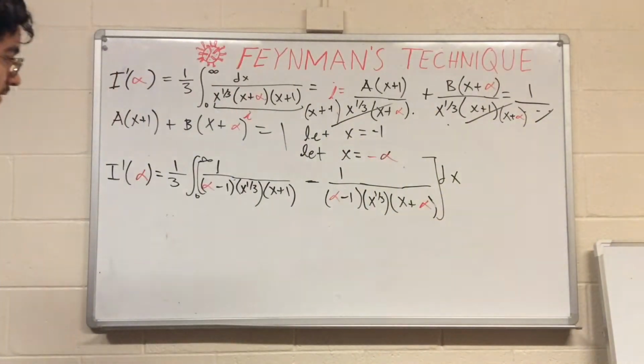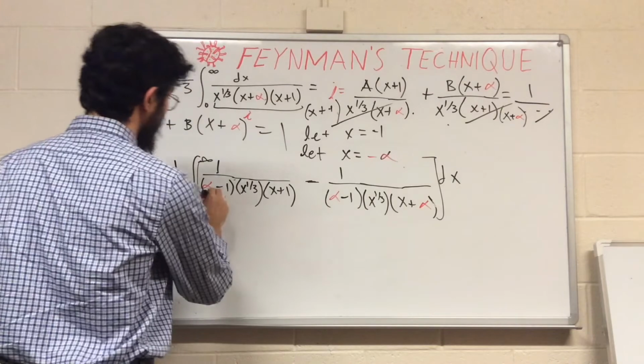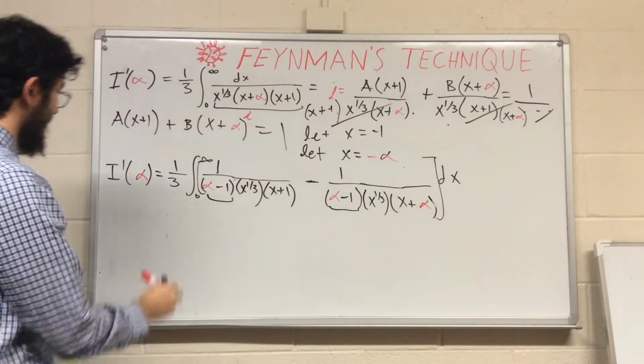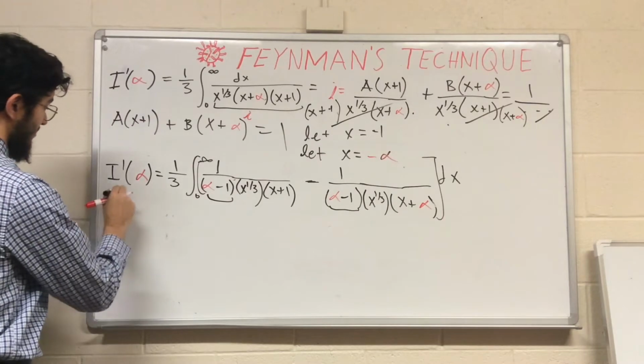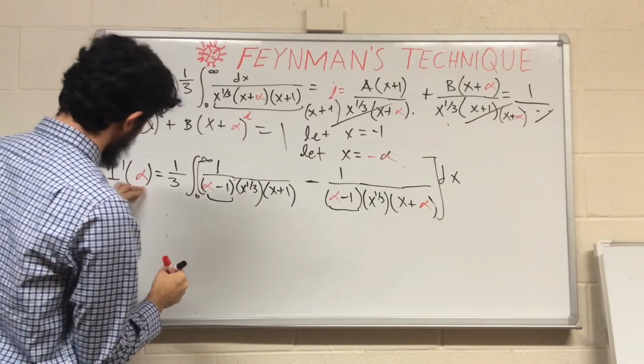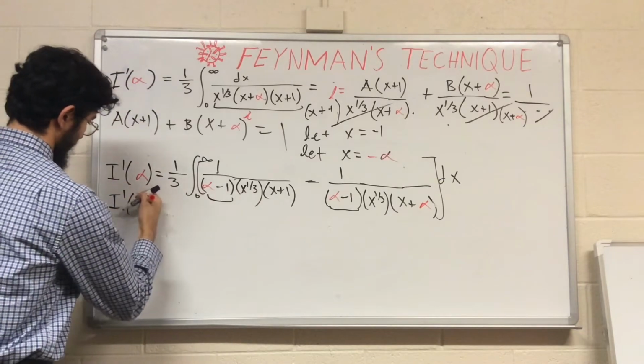All right. So now that we have this, we can factor out this constant. Okay, we can consider alpha to be a constant for now. So we have that I prime of alpha, let me write alpha in red.